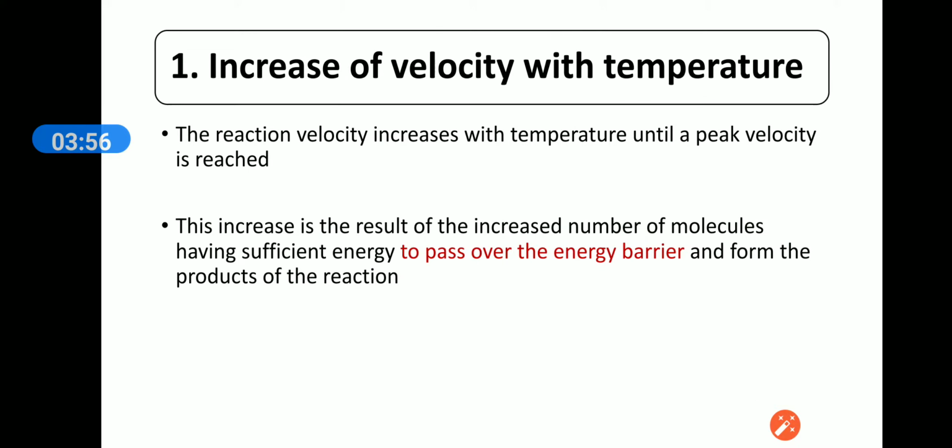As a general rule, the reaction velocity increases with the temperature until a peak velocity is reached. This increase is the result of an increased number of molecules having sufficient energy to pass over the energy barrier and form the products of the reaction.